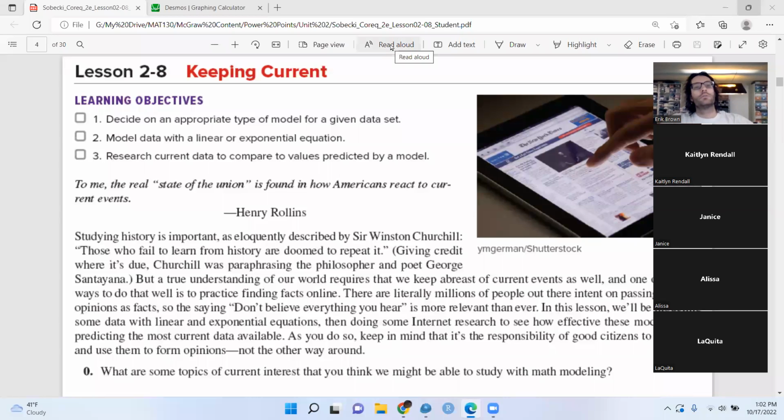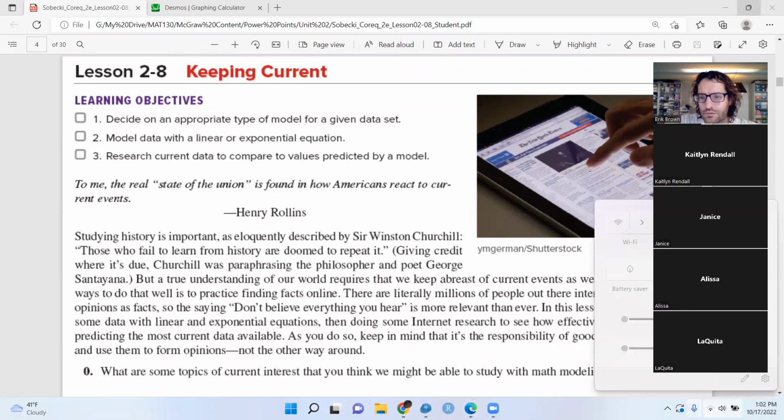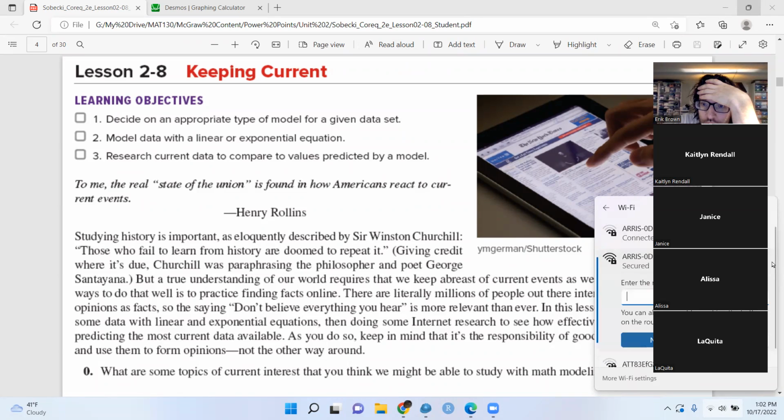There we go. Does anyone have any questions about anything before we dive into 2.8? Okay.